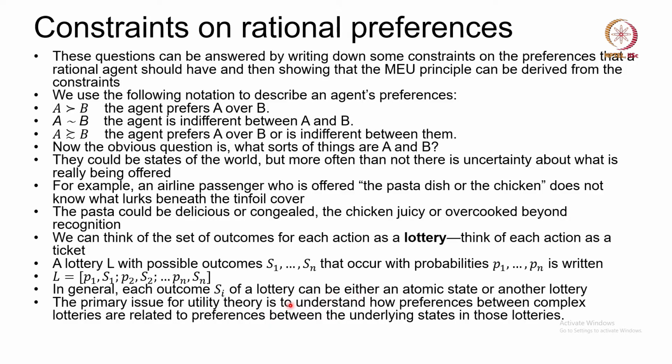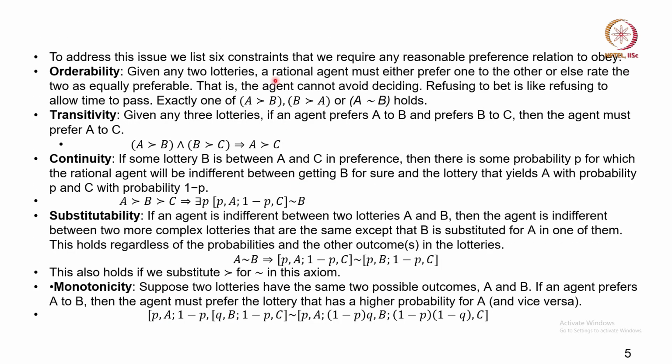It's also possible that a particular outcome which we are talking about here may be an atomic state, or it could be another lottery. So when you talk about preferences, there are some constraints that it follows.